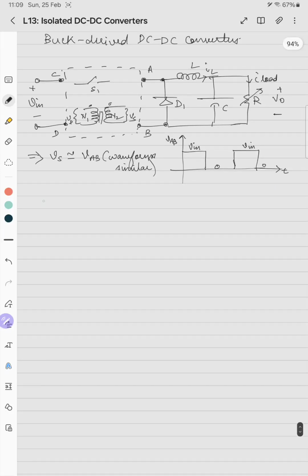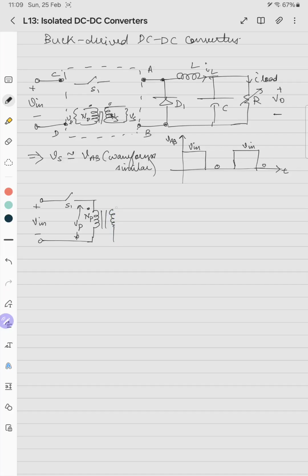So this will yield a circuit like this. This is V in; I'm not drawing the voltage source. This is NP, and here I will write NS. This is the dot convention. This is VP.